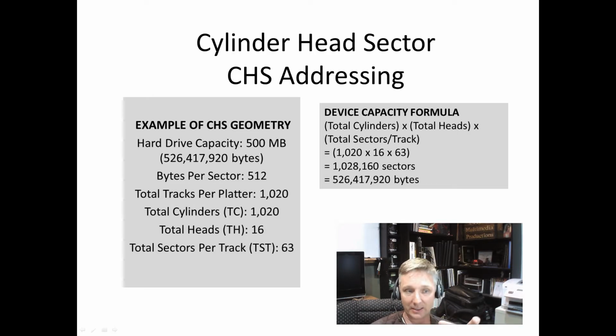Each side has 1,020 tracks, so one platter has 2,040 of them, the top and the bottom. And if you've got 8 of those, you would multiply 2,040 times 8. In this example, we're saying take the top side, 1,020, and multiply that by the total number of heads, top and bottom, which is 16, and that would give you the same number.